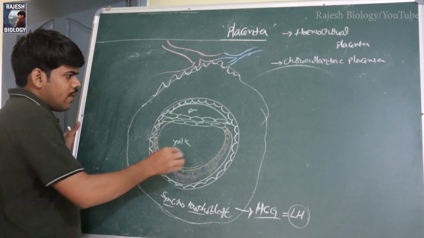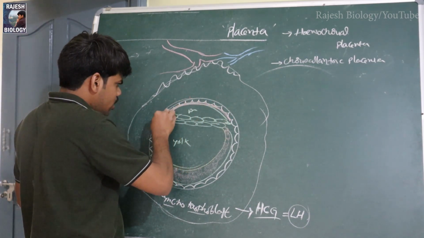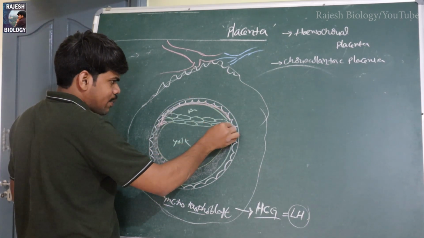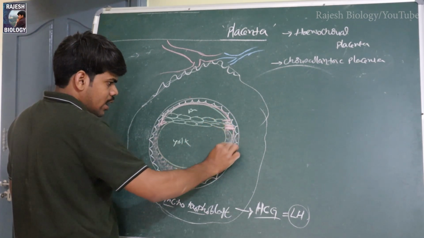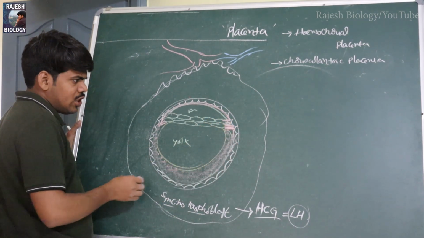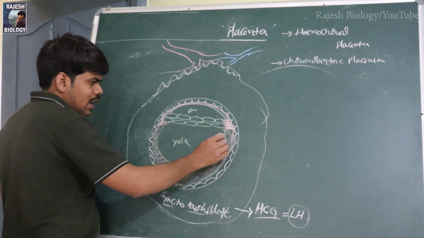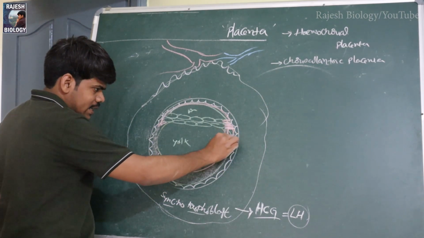That extra embryonic mesoderm covers the bilaminar embryonic disc in all ways except at a stalk. This is the only stalk where the connection is there. Later it forms a cavity within this, and of course you already know all these things, right?